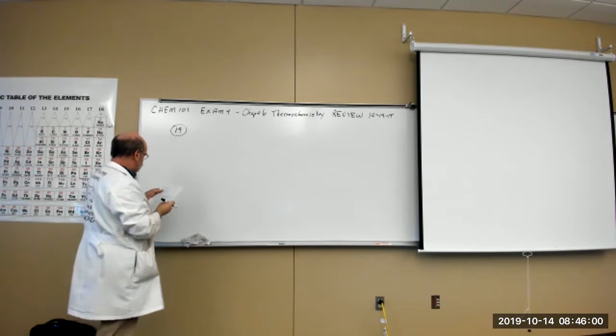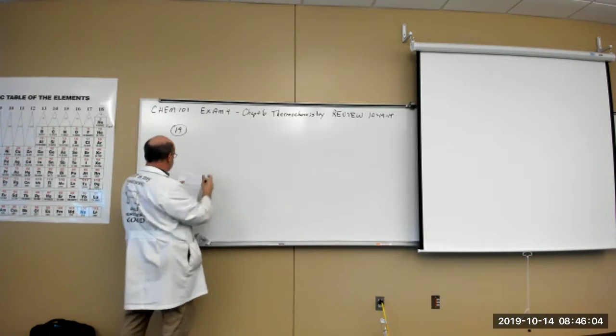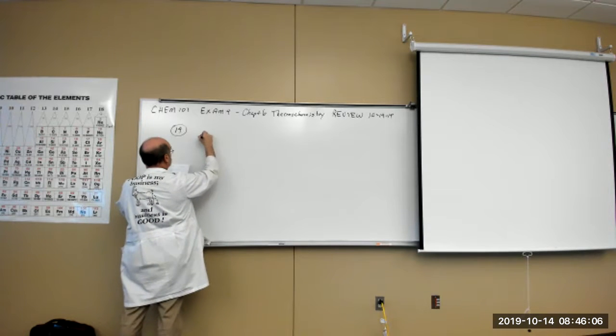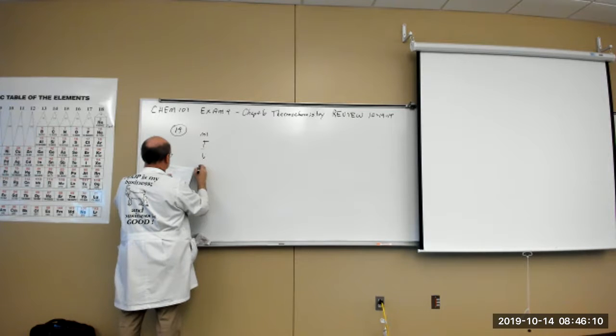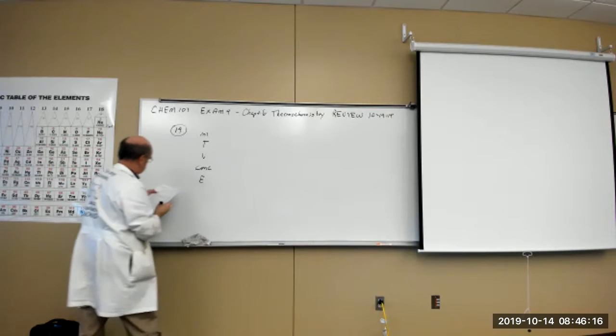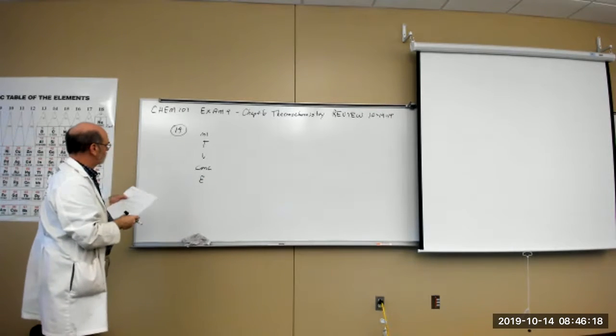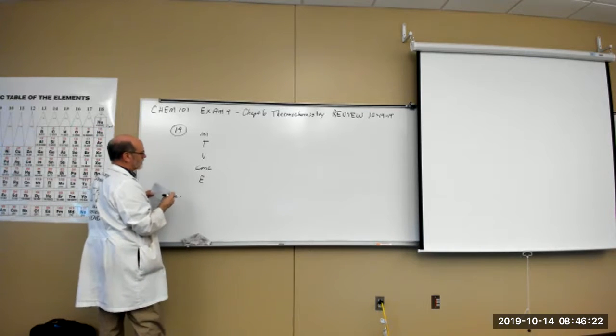All right, which ones of these are intensive properties, or intensity factors, I call them? So there's mass, temperature, volume, concentration, and energy. We want to know which ones are intensive properties.